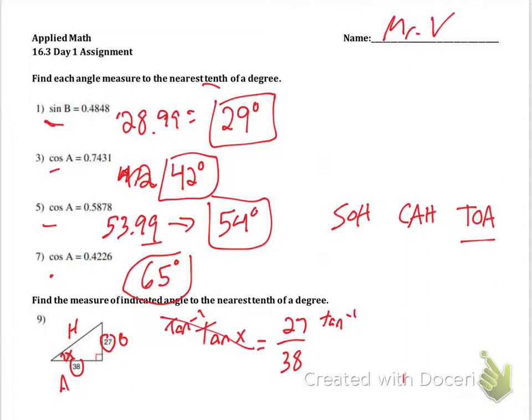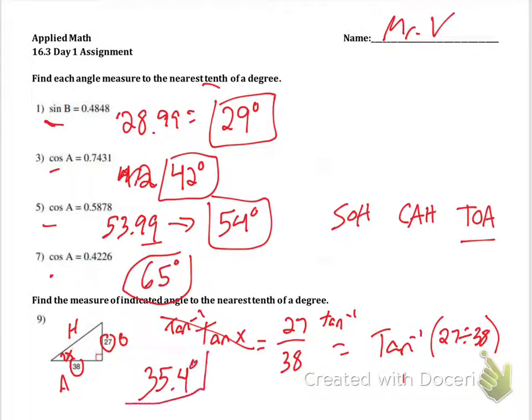So then what I type in my calculator is tan -1, parentheses, 27 divided by 38. That is equal to 35.39. So to the nearest tenth, that'd be 35.4 degrees.